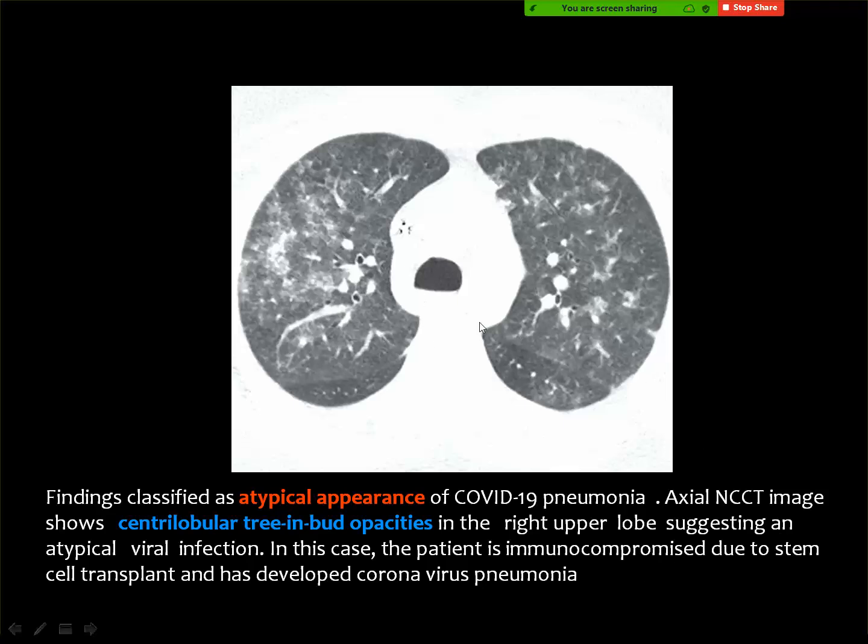The atypical appearance is some haziness in the lung fields, and you do not see actual ground glass patches or peripheral distribution. This is known as atypical appearance, and it should be reported in the radiology report as viral pneumonia.